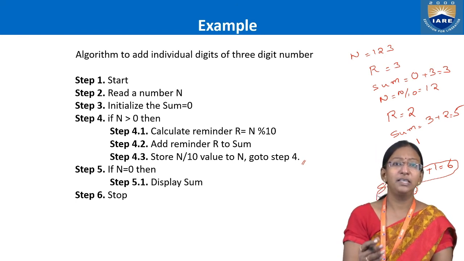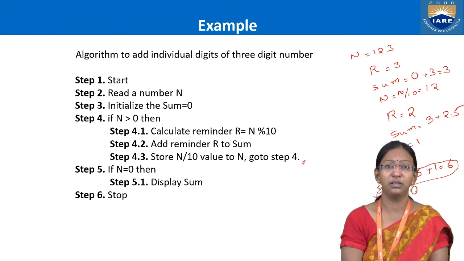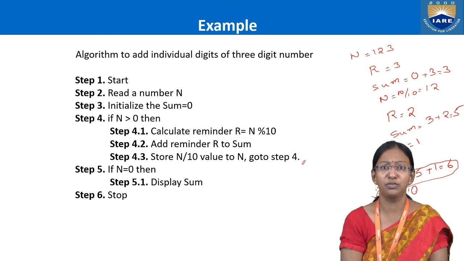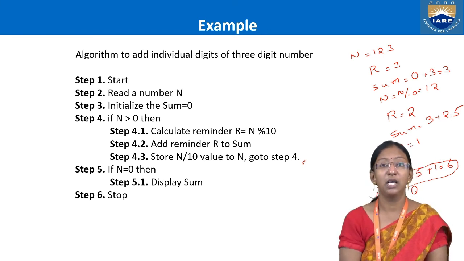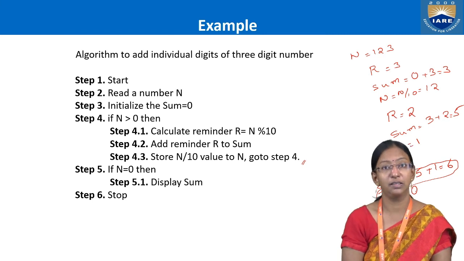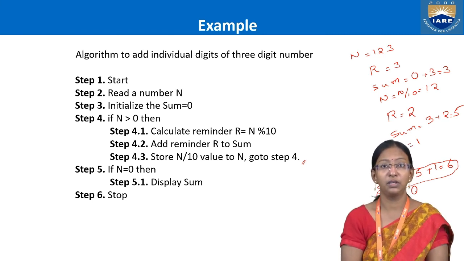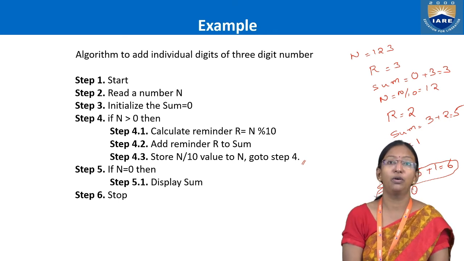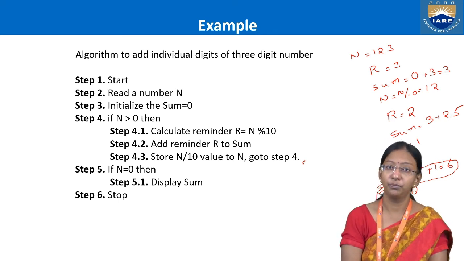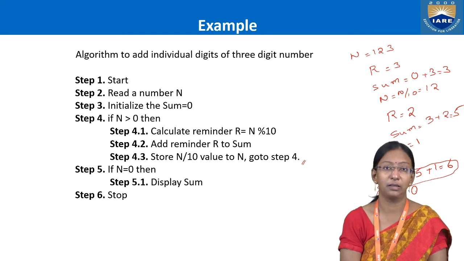And is it generic or not? What do you think? If the value of n is 123 or any value, it is going to give the solution. It is generic in nature. It is definite. Is it taking any input and output? Yes, it is taking input 123 and giving me an output of 6. So all the properties of an algorithm are totally justified in this algorithm.